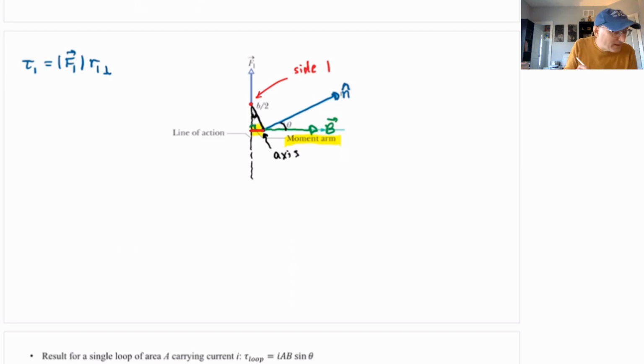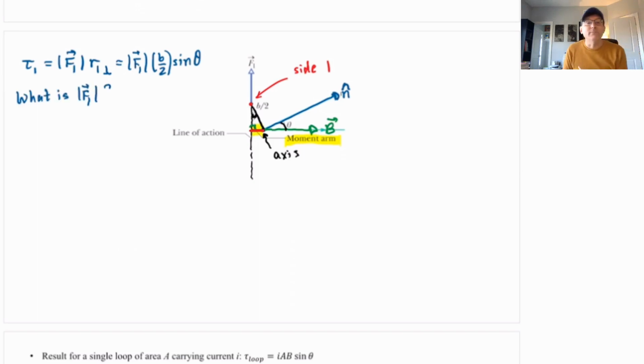So when I express this moment arm, that length of that red side of that right triangle, it's just hypotenuse times sine theta. And hypotenuse is the distance little b over 2. So little b over 2 sine theta. But what is the magnitude of that force on side 1?